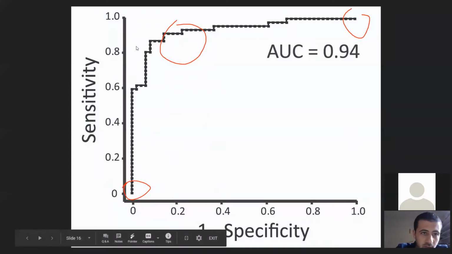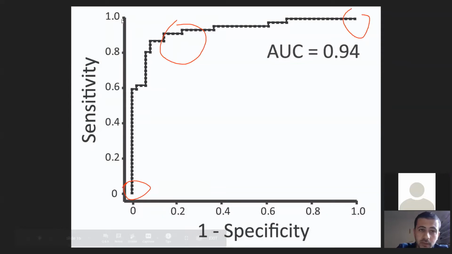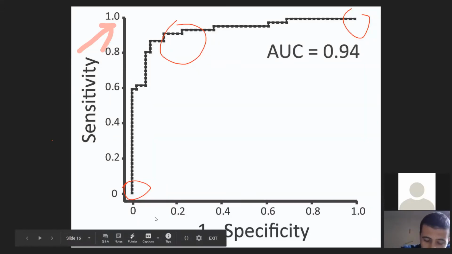It's actually the closest point to that point. The closest point to this point is something here on the angle on that side. What does that give me? That gives me the highest possible sensitivity and the lowest possible 1 minus specificity, which means the highest possible specificity.